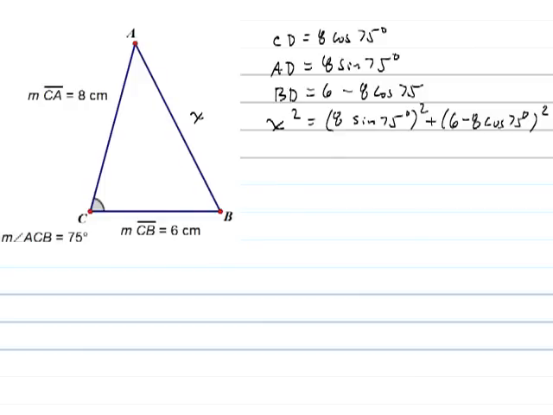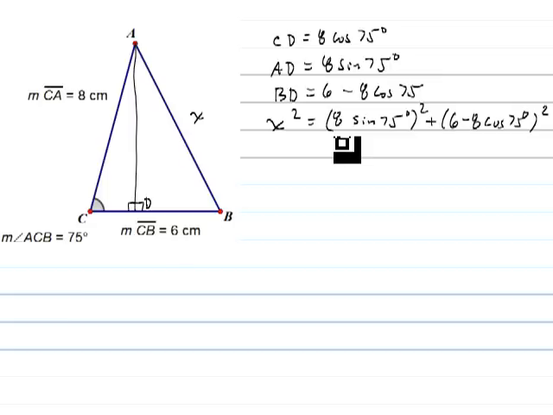If instead of doing the actual calculations, I just left CD as 8 cosine 75, or left AD as 8 sine 75, I would end up with this answer, which looks pretty ugly.